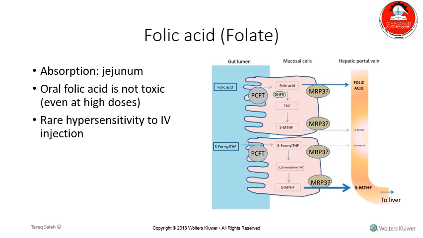Okay, so just some quick information about folic acid. Remember, we said that the main site of absorption of iron is the duodenum. On the other hand, the main site of absorption of folic acid from the gut is the jejunum, and that's why folic acid can be administered orally. Folic acid is non-toxic, usually associated with very minimal adverse effects, even if it was used at high doses.